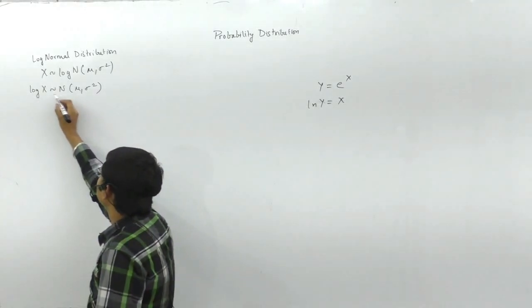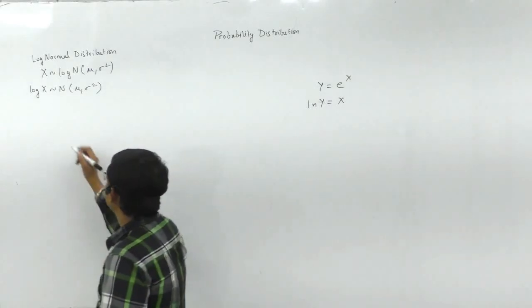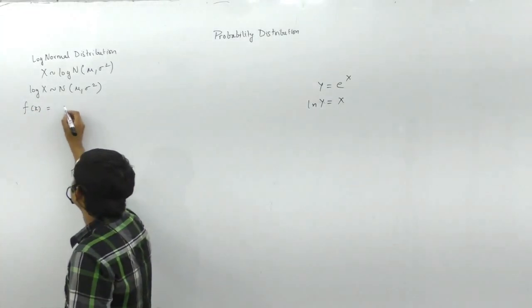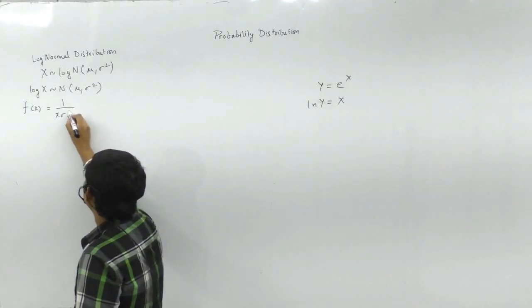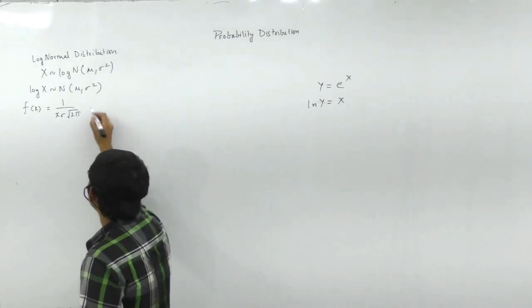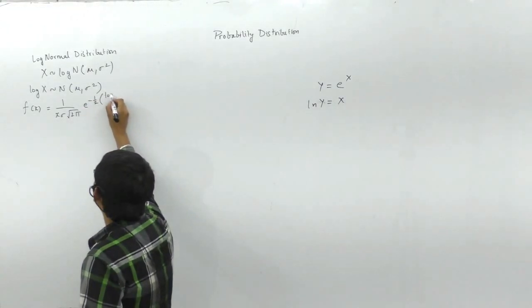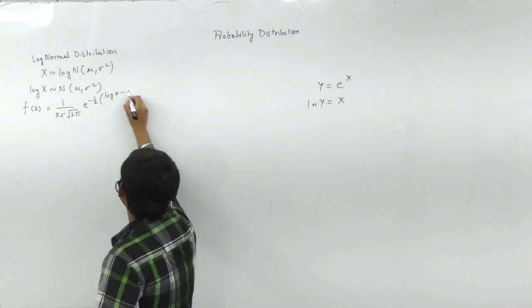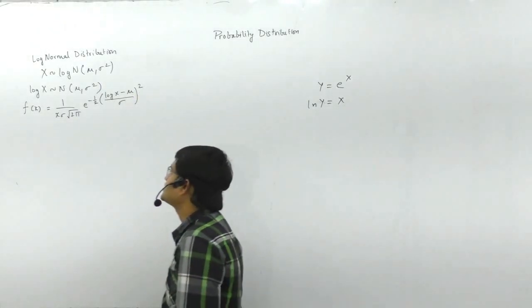So basically log x follows normal distribution mu, sigma square, where its f(x) is nothing but 1 by x sigma root 2 pi e raised to minus half of (log of x, or ln x, minus mu upon sigma) whole square.